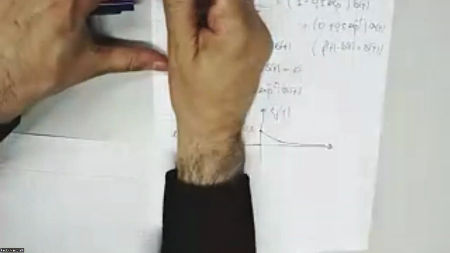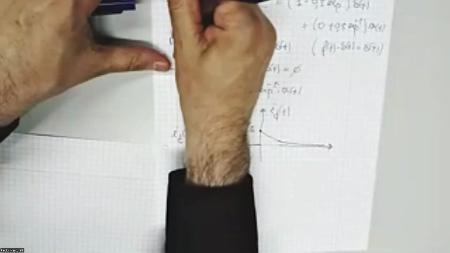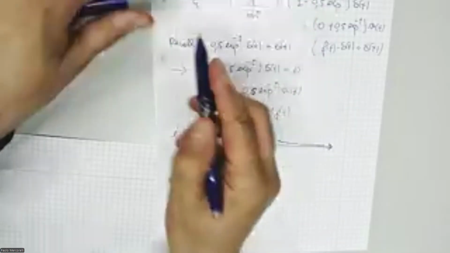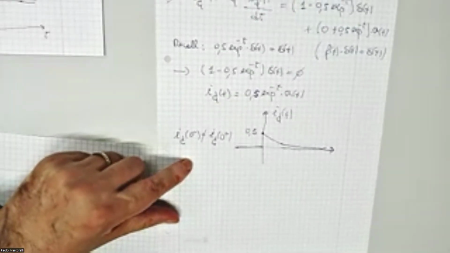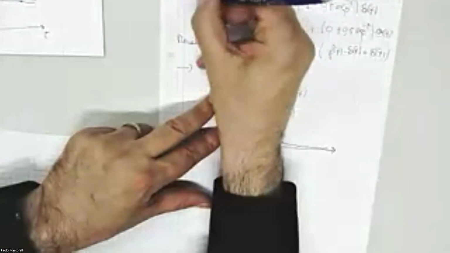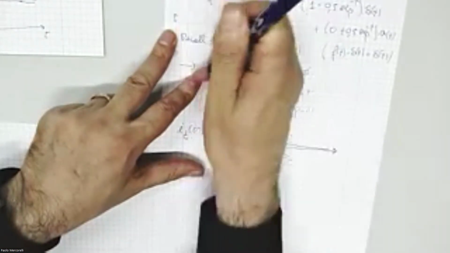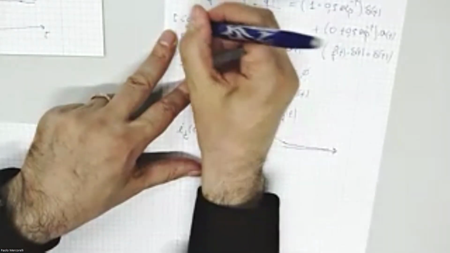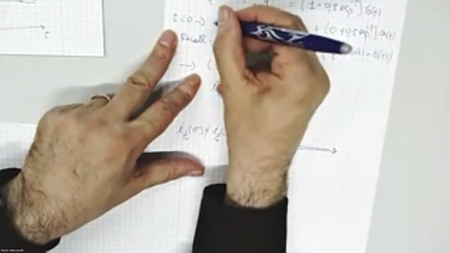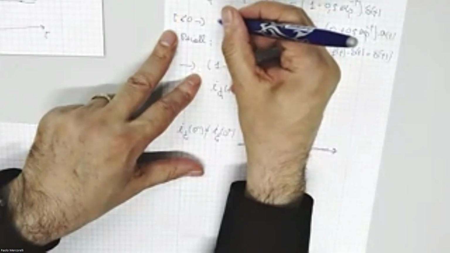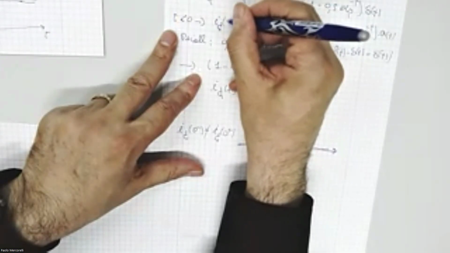For t less than 0, we have to do the derivative of the constant, which is 0.